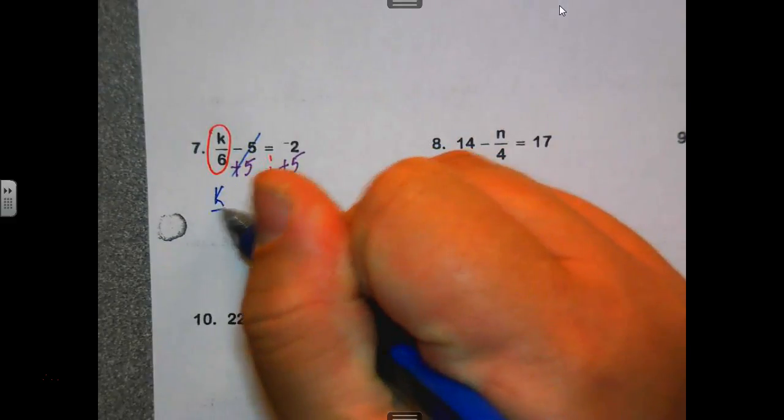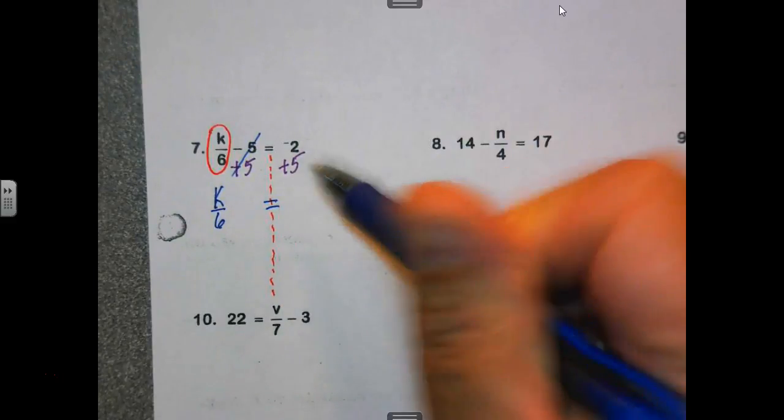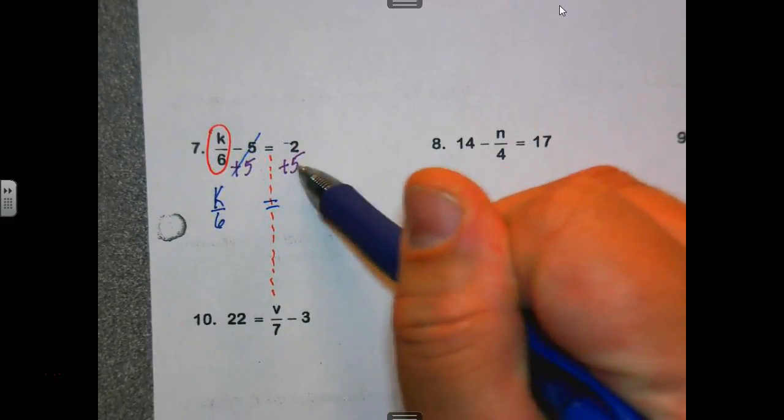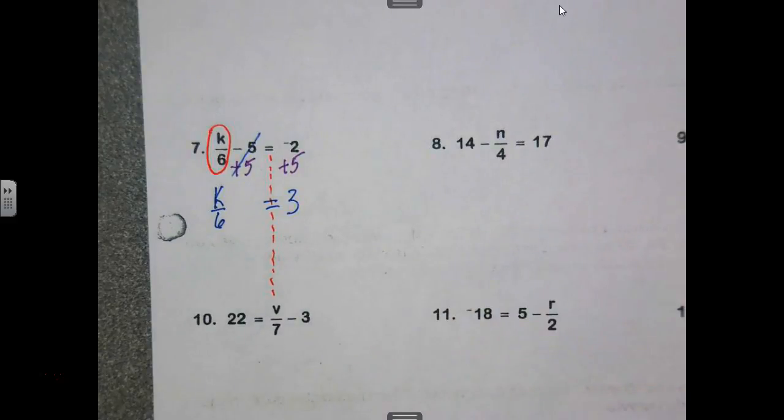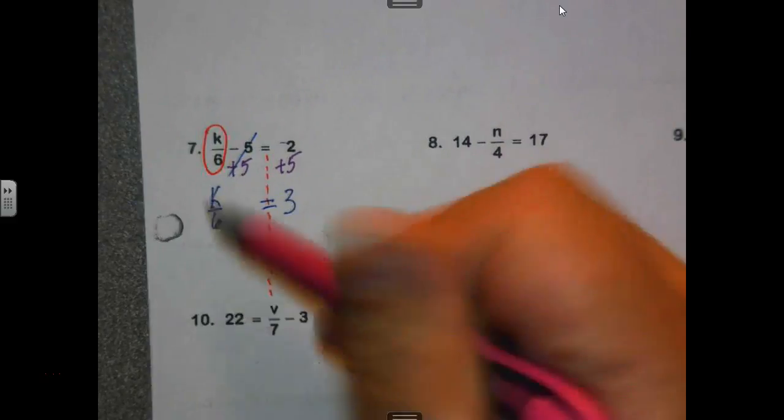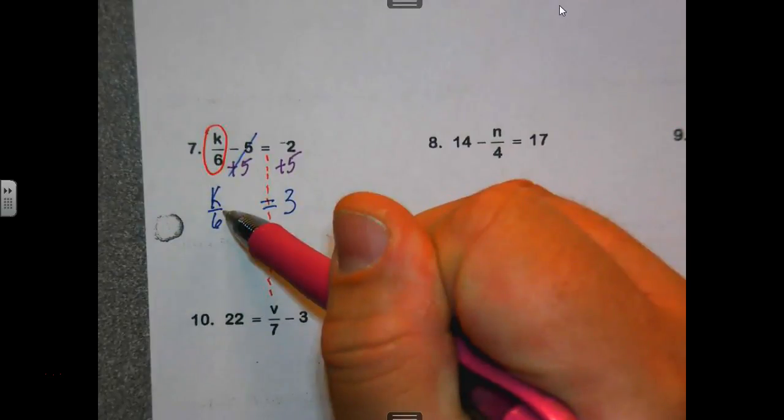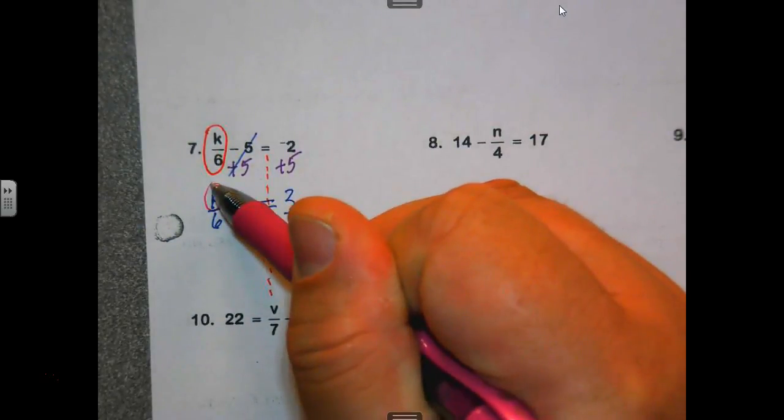Okay, my 5's add up to 0. I'm going to bring down my k divided by 6, or k over 6, equals negative 2 plus 5 is 3. Now what do I do? Yeah, now that I have my fractional term by itself, I need to get the variable by itself.